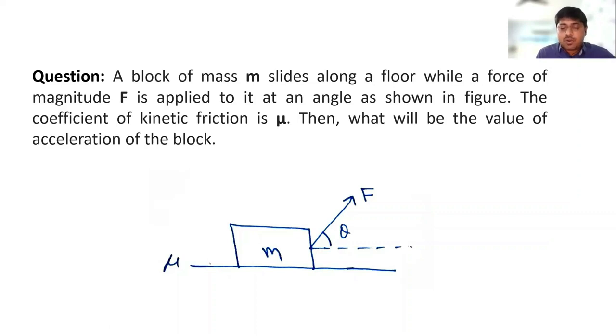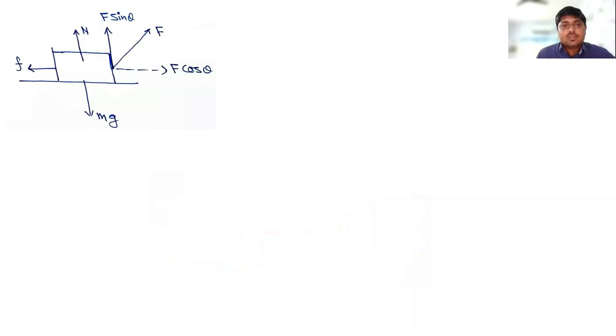To solve this type of problem, first let's understand all the different types of forces that are acting on this body from different directions. So here we can see we are applying the force at this angle theta with respect to this plane. So we can split it into two components. One is along this surface, that will be F cos theta, and one is perpendicular to the surface, that is F sin theta.